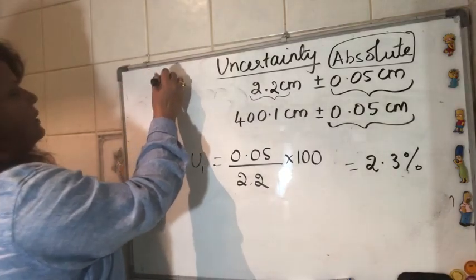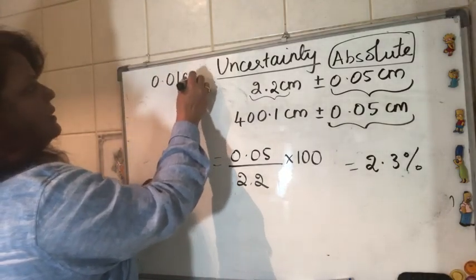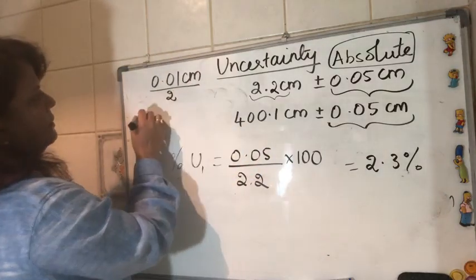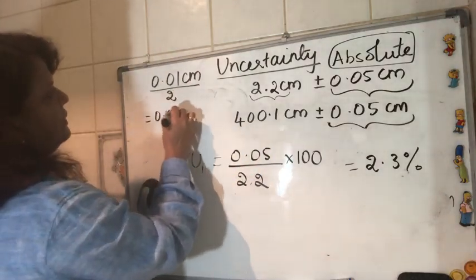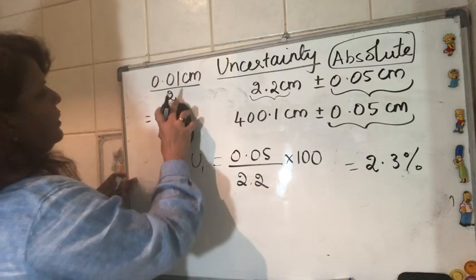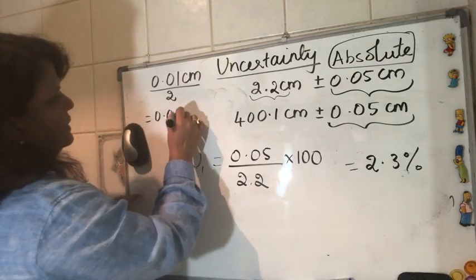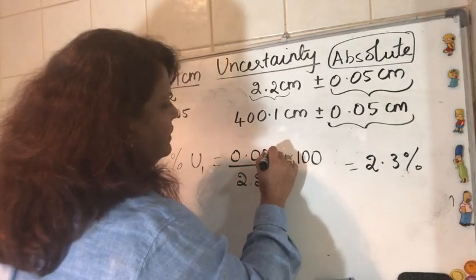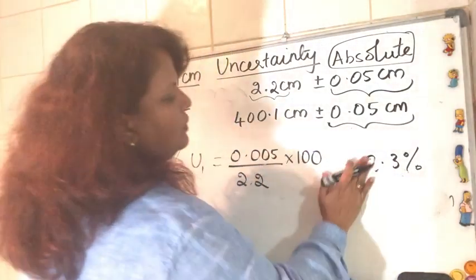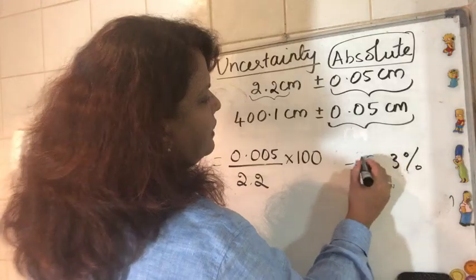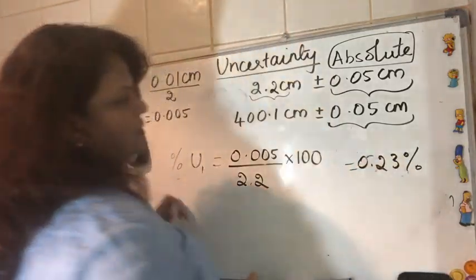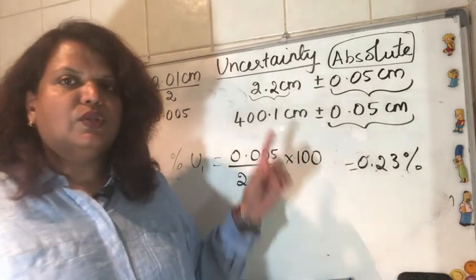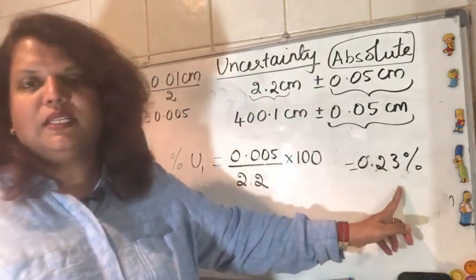It is 0.01 centimeters. So what would its uncertainty be? You divide that by 2, you'll get 0.005 centimeter. So this will become 0.005 upon 2.2, which will give you 0.23%. See how the choice of instrument reduced your percentage uncertainty.